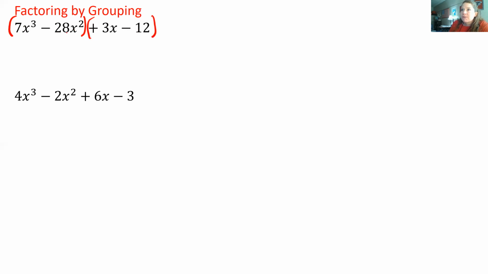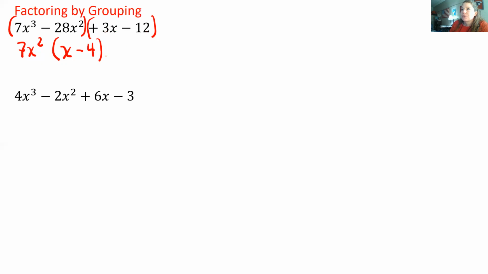So now just look at the first 2 terms and I say, oh, they can both be divided by 7 and x squared. So that's what I'm going to divide by. 7x squared. Well, 7x to the third divided by 7x squared is x. Negative 28 divided by 7 is negative 4. And then x squared divided by x squared is 1. Now this one, we're going to divide both of those by 3.